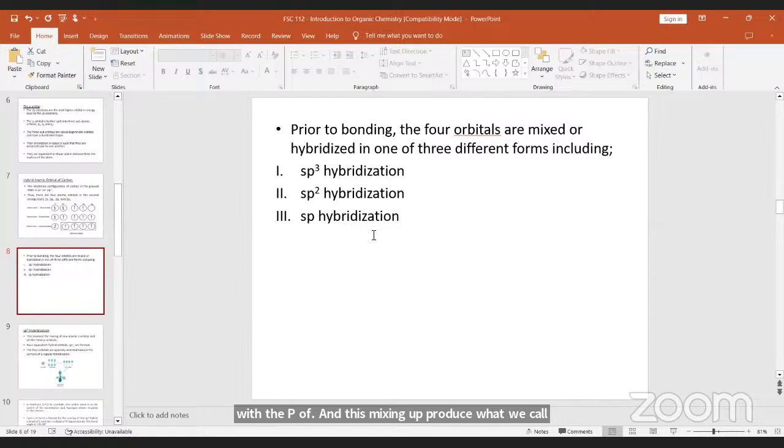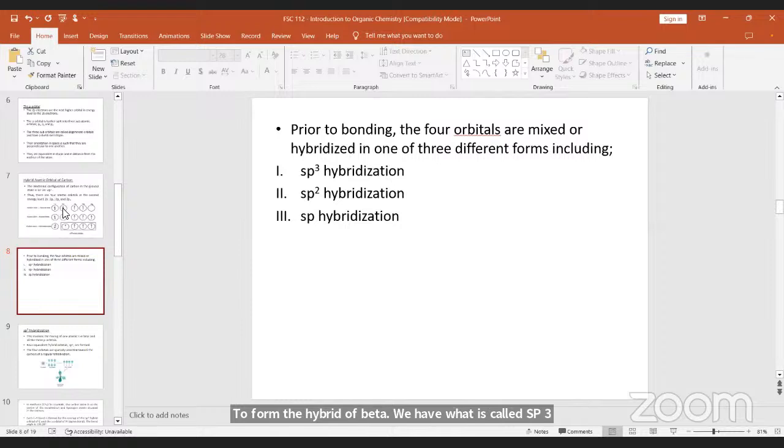So prior to carbon going into bonding, the 4 equivalent orbitals are mixed, and they form different hybrid orbitals. Now, if all the 4, that is the 2s and the 3 p orbitals, mix up together to form the hybrid orbitals, we have what is called sp3 hybridization.